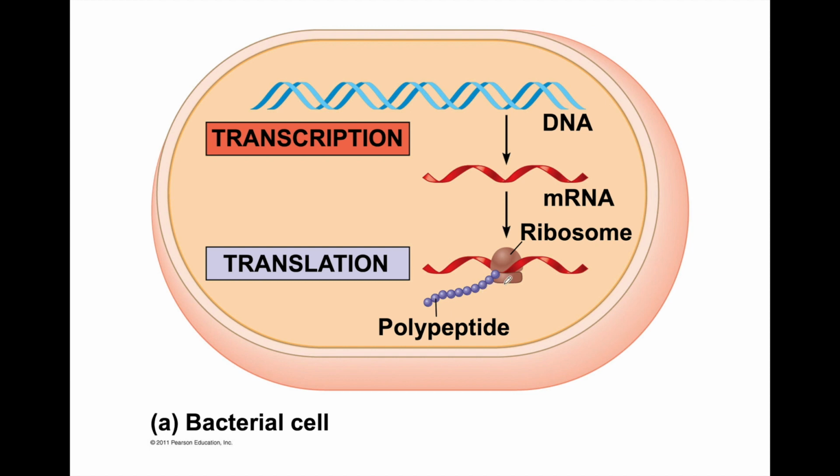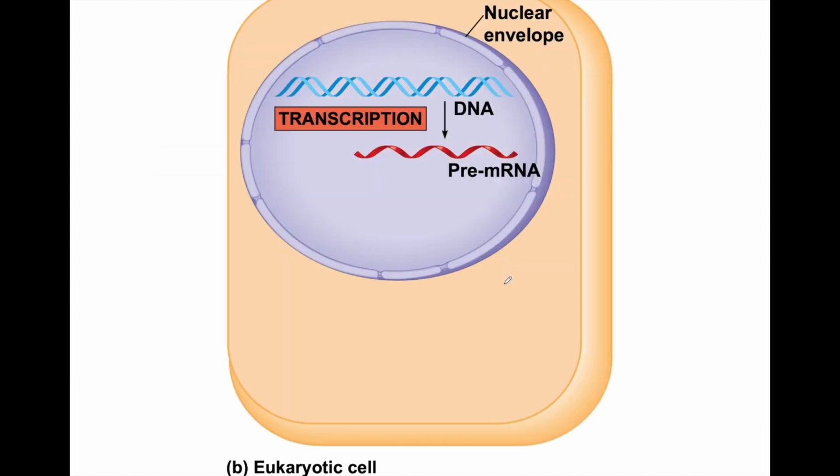Now, eukaryotes are a little bit different. For one reason, remember, our DNA is stored inside our nucleus. So we're going to do transcription. That's where we take the information in the DNA and copy it over into RNA. Of note, when we copy over the information, we do not copy the entire piece of DNA. We don't copy the whole chromosome, because what we need is more of a particular protein.